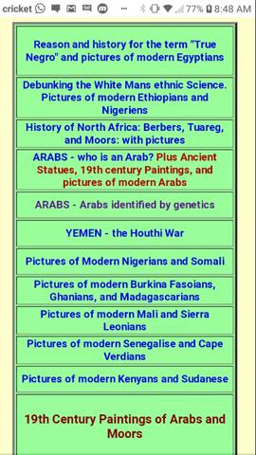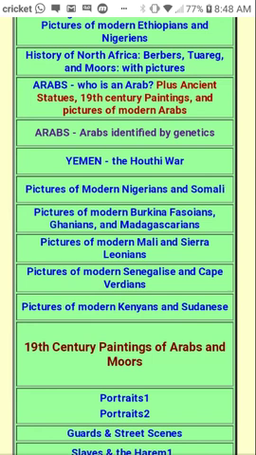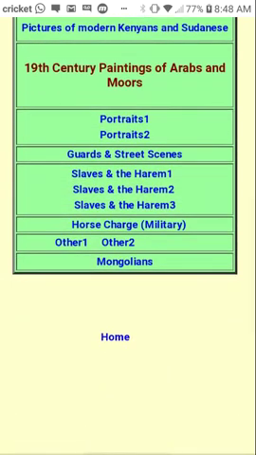Arabs, who is an Arab, okay? Plus ancient statues, 19th century paintings, and pictures of modern Arabs. Arabs identified by genetics, Yemen, pictures of modern Nigerians and Somalis. It basically just shows you all the diversity of black peoples.